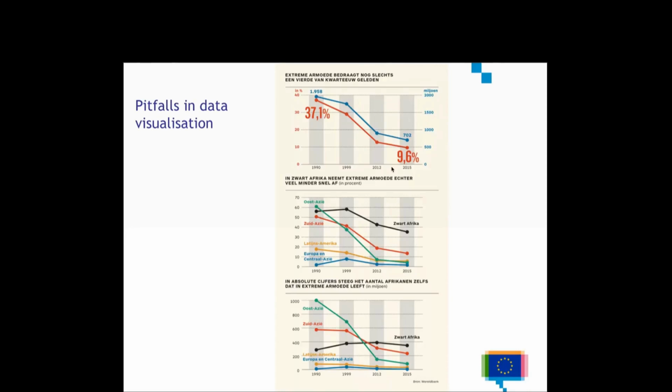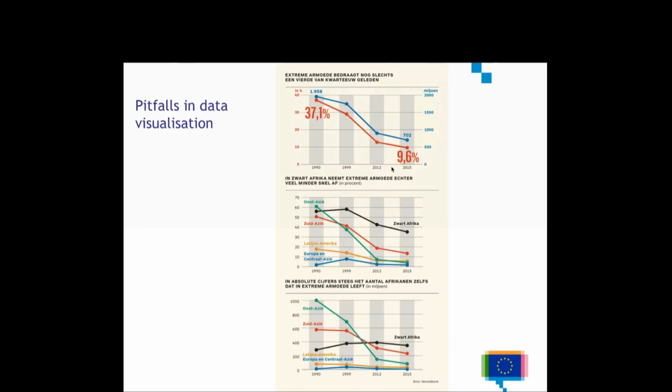And this leads to a sudden drop. It looks like poverty rates suddenly dropped quite steeply between 1999 and 2012. But this is actually not the case. This is an artifact. This is a result of the visualization not respecting the intervals in time.